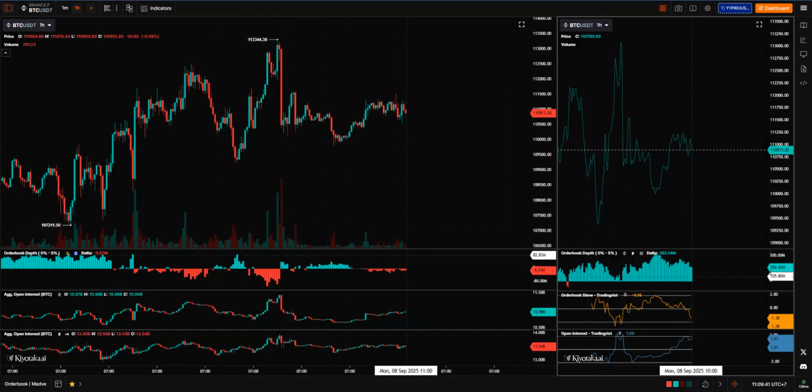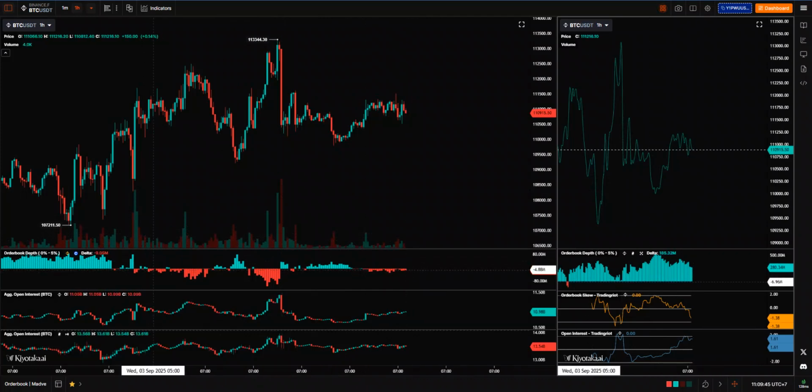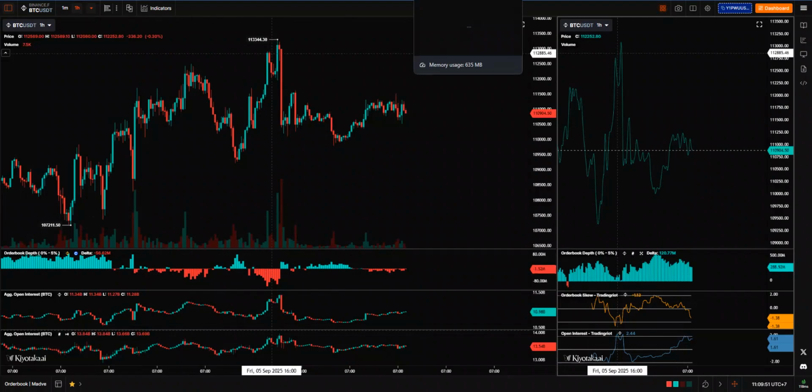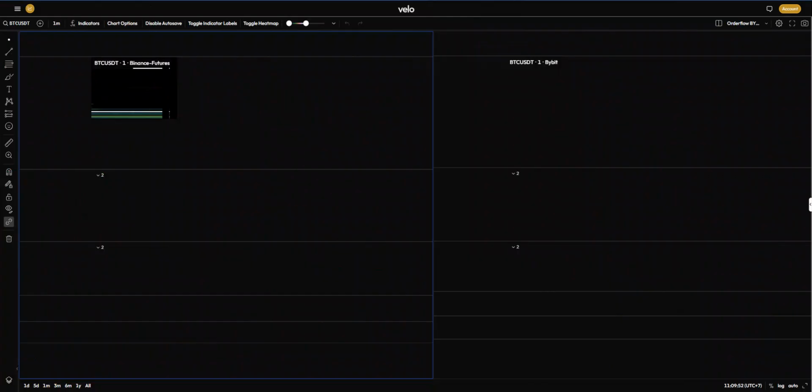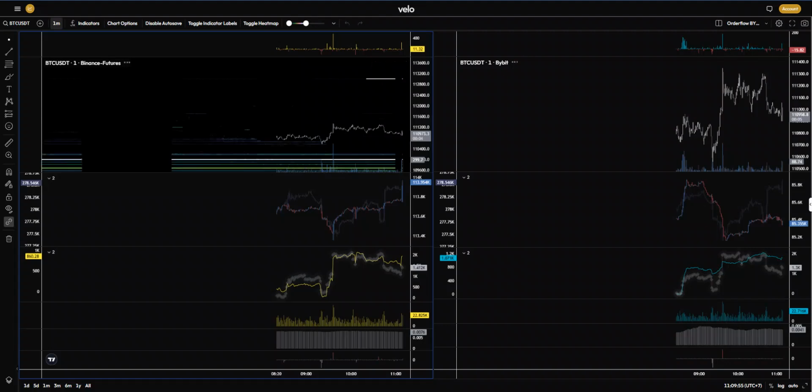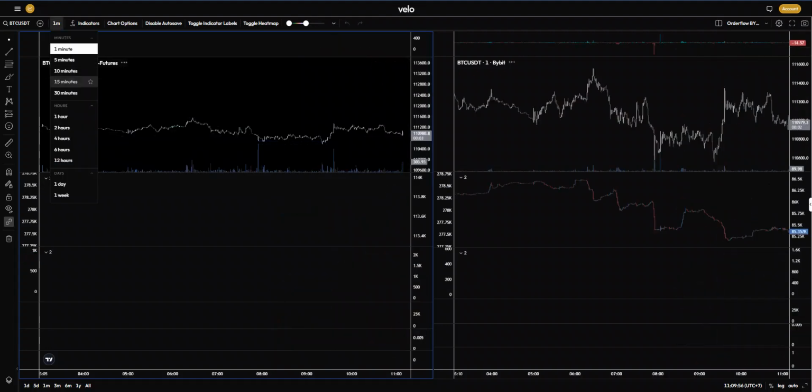Skewed at the moment, but not much. We'll keep that in mind and pay more attention to it throughout the week. On Velo, let's see on higher time frame.